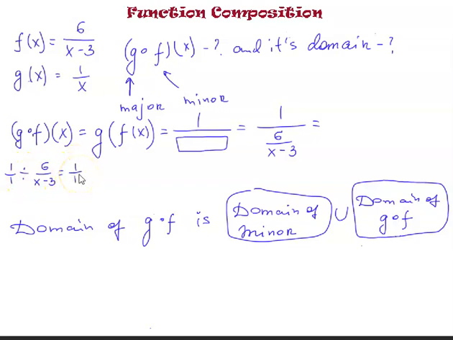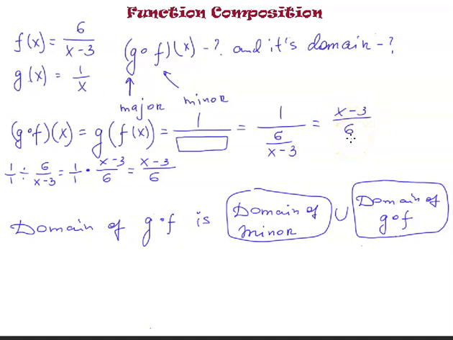We keep the first function as is and switch division to multiplication of the reciprocal, which is x minus 3 over 6. So now I can multiply straight across. 1 times x minus 3 is x minus 3. 1 times 6 is 6. So that will be x minus 3 over 6.